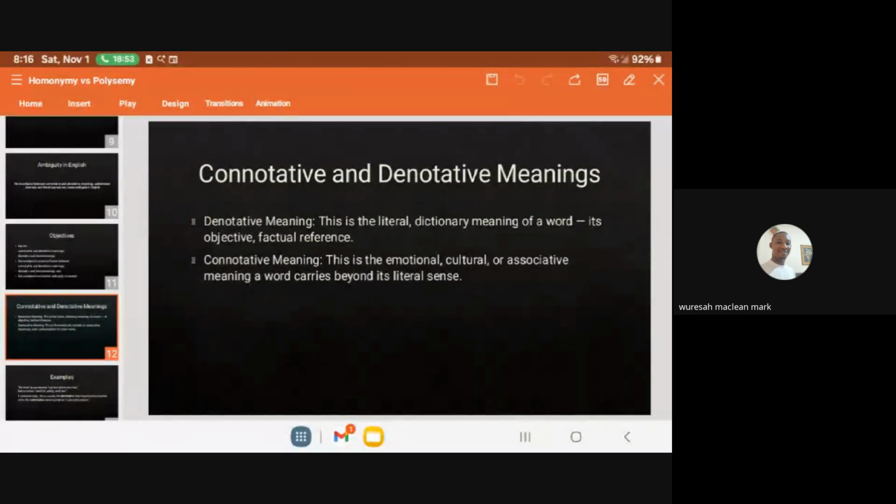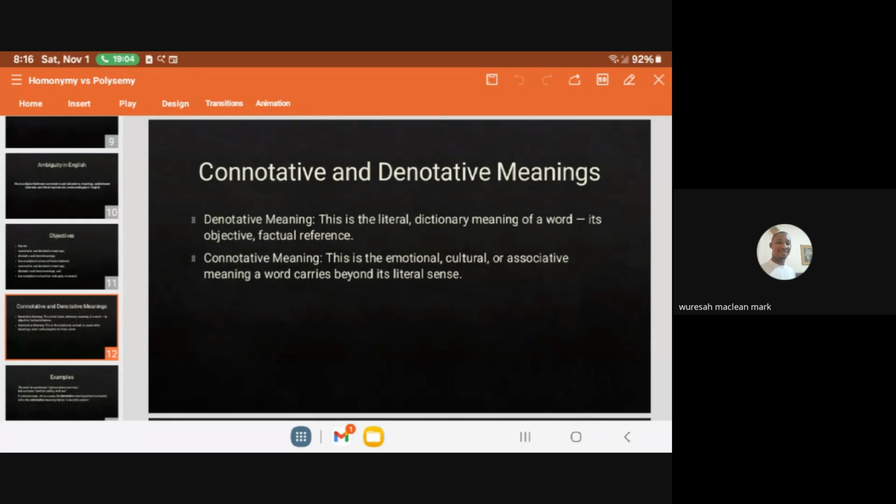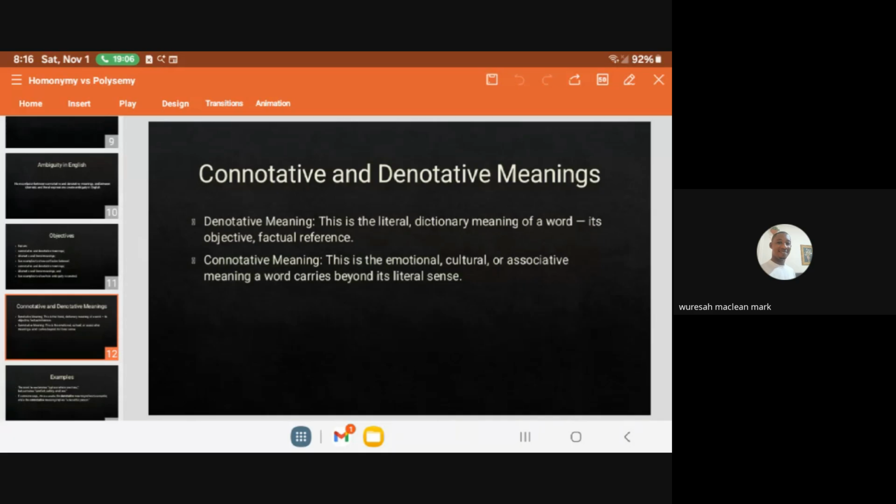So denotative meaning has to do with the literal meaning as it is said, the general meaning or dictionary meaning. In this case, it's objective and factual. It makes factual reference. So the meaning as it's generally understood, that is the denotative meaning.